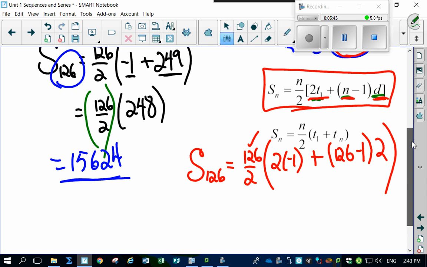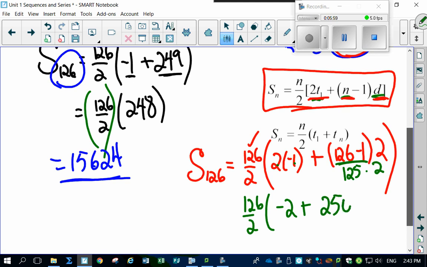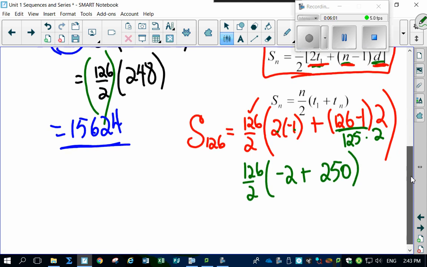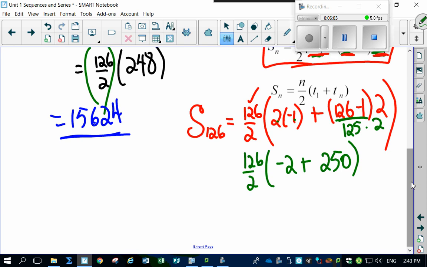So cleaning this up. 126 over 2 again, right? 2 times minus 1 is minus 2 plus, okay, 126 minus 1 is 125 times 2. Isn't that 250? Yeah, for sure. Okay, 126 over 2 times minus 2 plus 250, that looks like 248. And then we're going to multiply it. Well, wait a second.